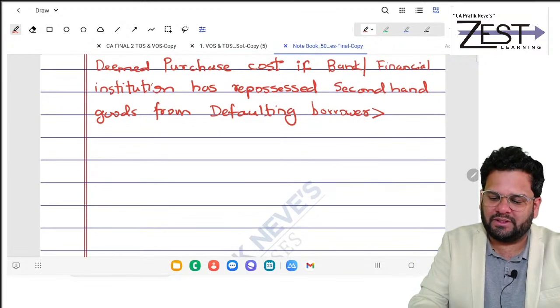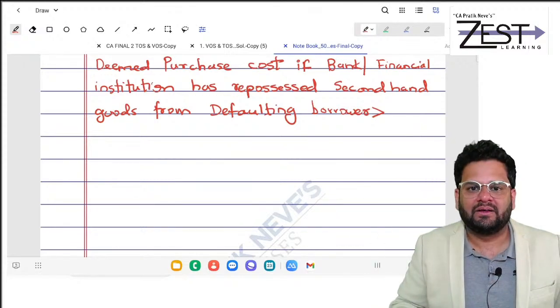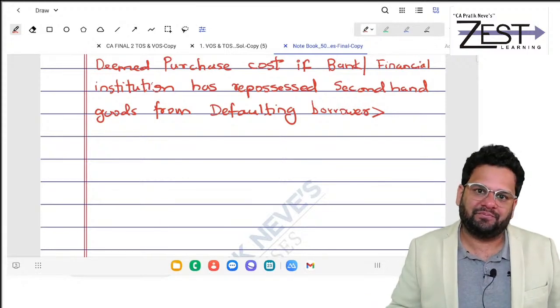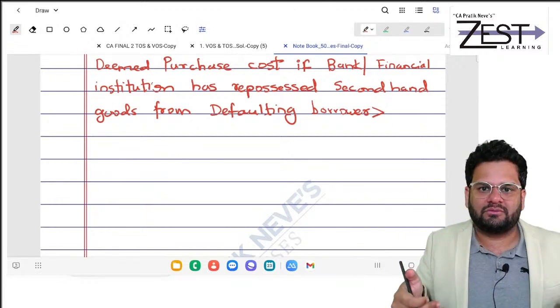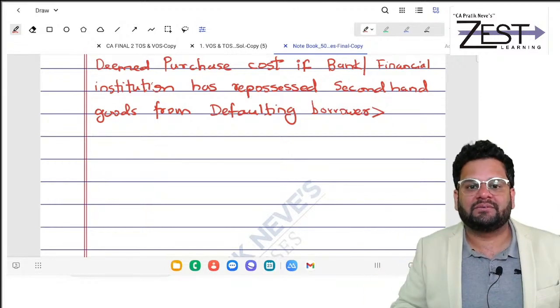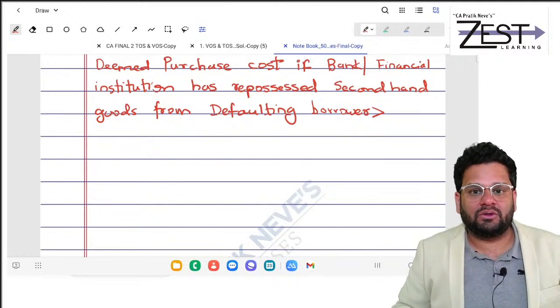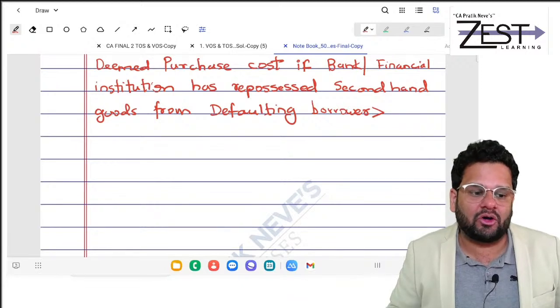Defaulting borrower means the bank has given a loan to X. That X did not pay some EMIs. So the bank went and repossessed those goods from X and the bank sold it. So now tell me, for the bank, is there any buying cost?